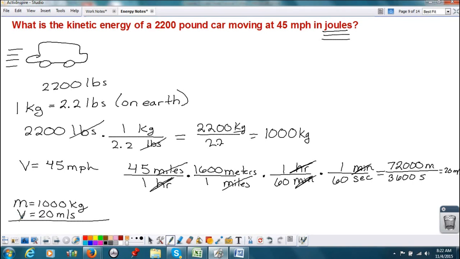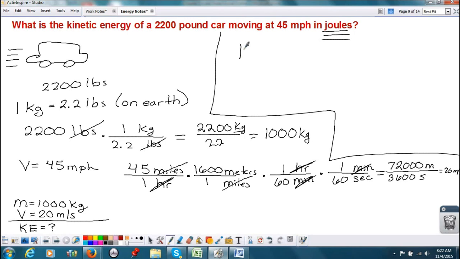Next, we need to write down what we're trying to find. We're trying to find the kinetic energy in joules. So the kinetic energy is what we're trying to find. That's our question mark. Okay, so we've got picture, givens, find, equation. Well, kinetic energy is equal to 1/2 the mass of the object multiplied by the speed of the object squared. Go ahead and substitute in.